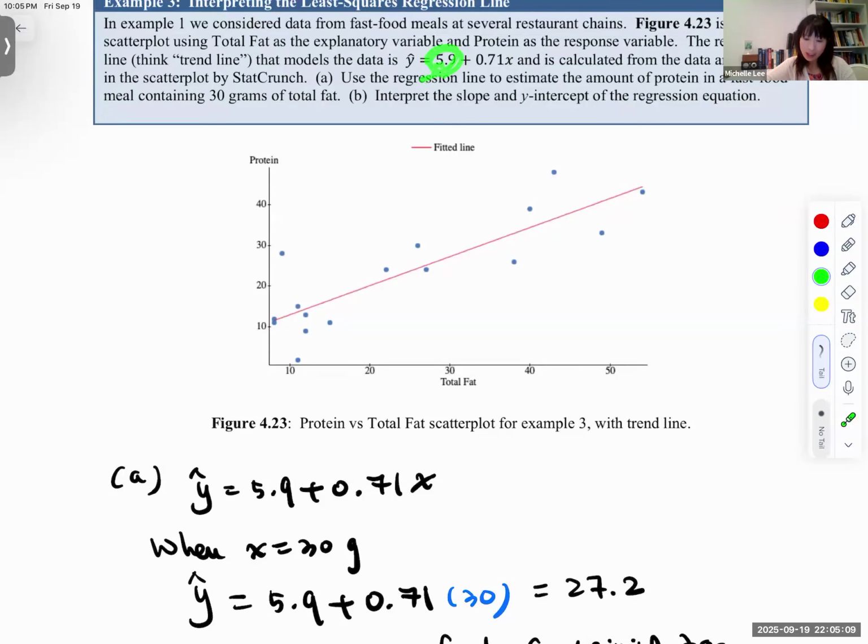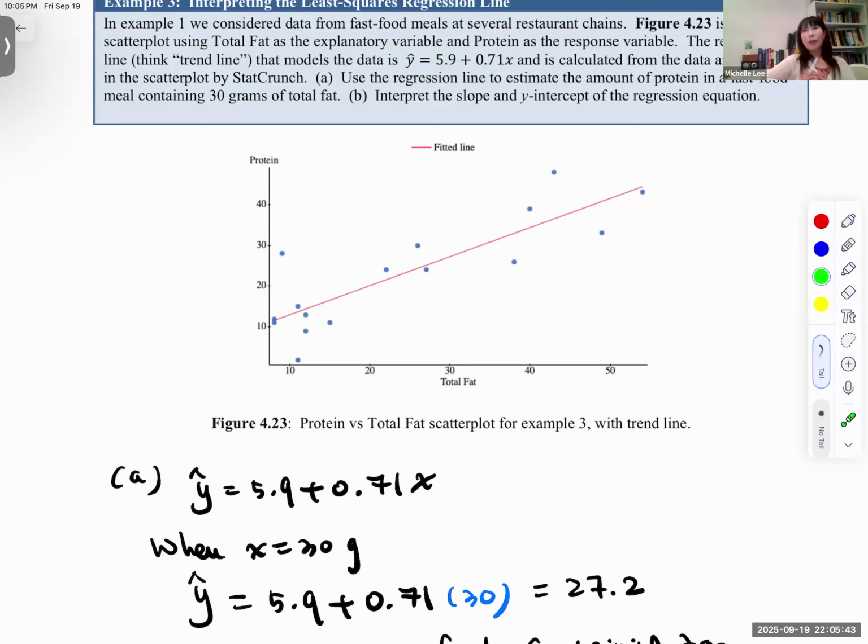That means when x equals 0, then 5.9, on average, right? Make sense? So we cannot have the exact amount of 5.9 protein, right? That's why we say it can be 6.0 grams of protein or 5.8. So we said on average, right?